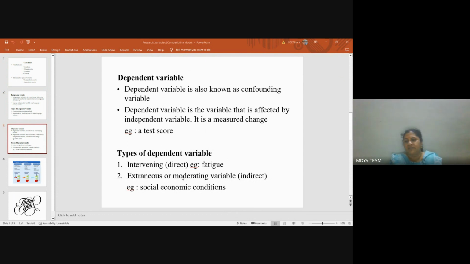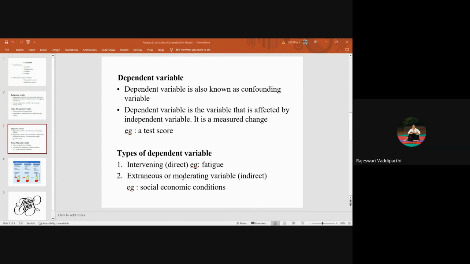Another thing is that it should have an influence over another variable. It should be capable of manipulating the other variable. But sleep does not have that much quality to manipulate another variable, right? If we sleep well, maybe we are fresh the whole day, but do you think it can influence the performance to that extent?